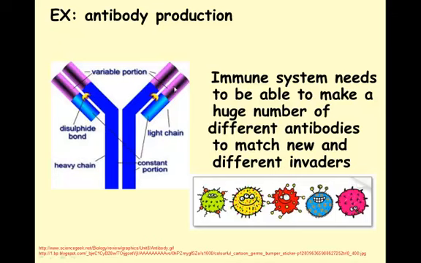So the antibody that fights measles is going to be a little bit different than the antibody that fights chickenpox or fights AIDS or fights any of the other germs that you can be exposed to. So the ends of the antibodies are variable, and they vary depending on the germ they're being made to fight against.